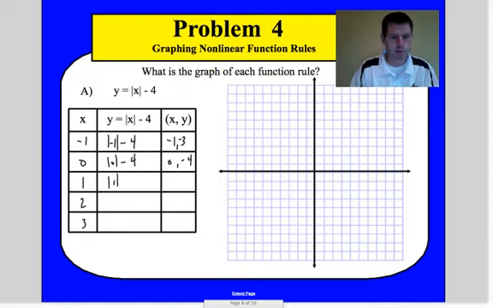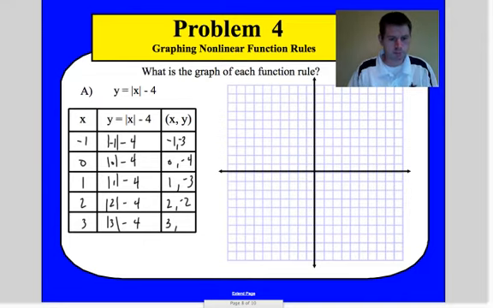If I plug in 1, the absolute value of 1 is 1. Subtract 4, I get -3 again. If I plug in 2, the absolute value of 2 is 2. Minus 4 gives me -2, so I get (2, -2). And then if I plug in 3, absolute value of 3 is 3, but then I get -1.